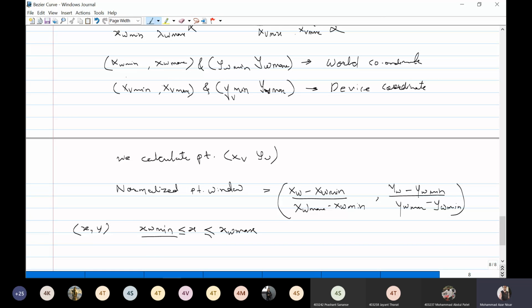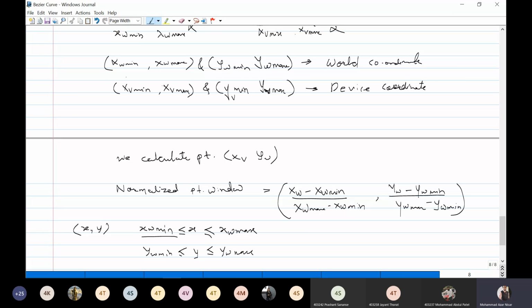Similarly for y, it should be more than yw minimum, and it should be less than yw maximum. So we can consider that the point or the line or the polygon is inside that viewport.